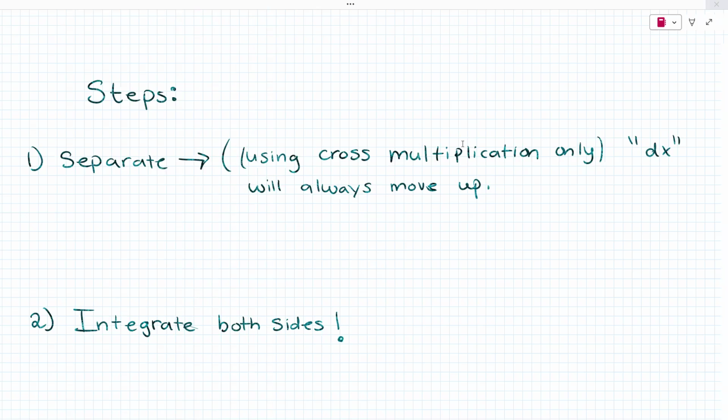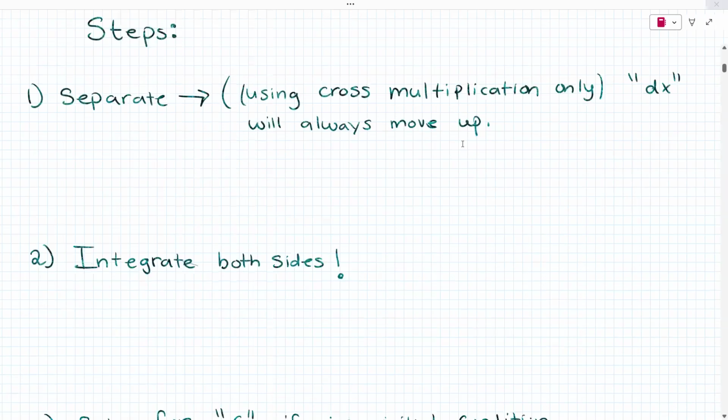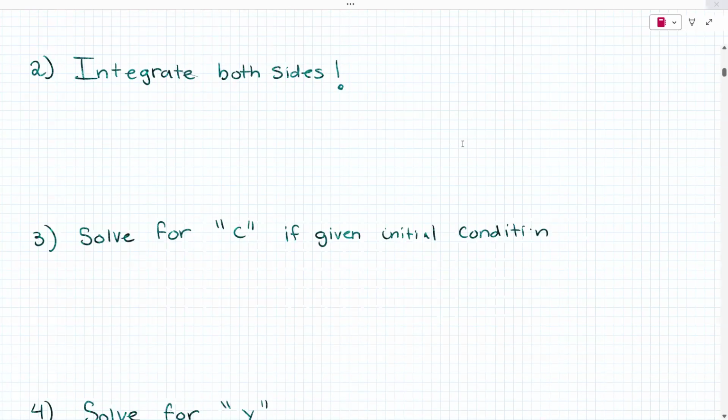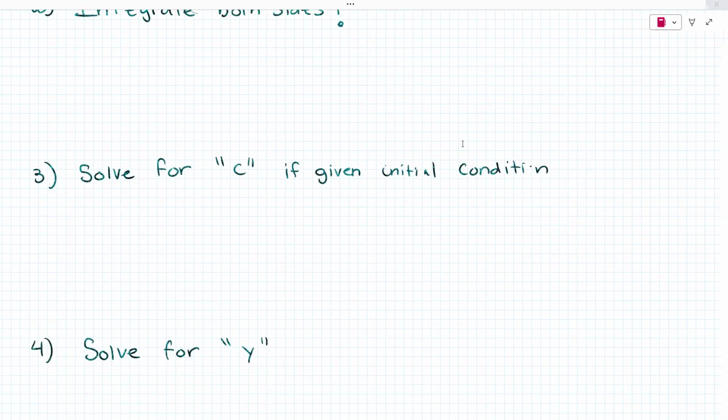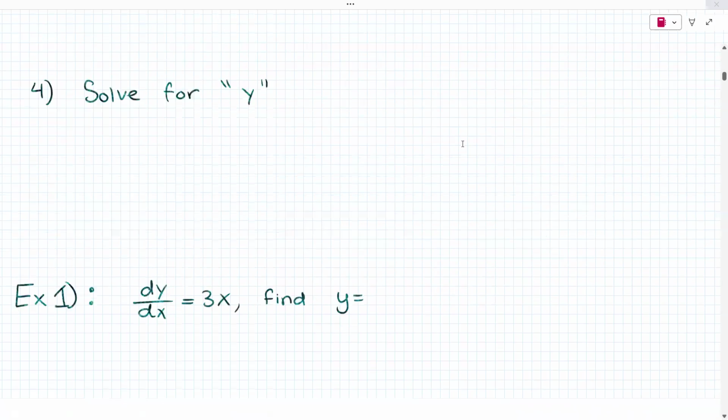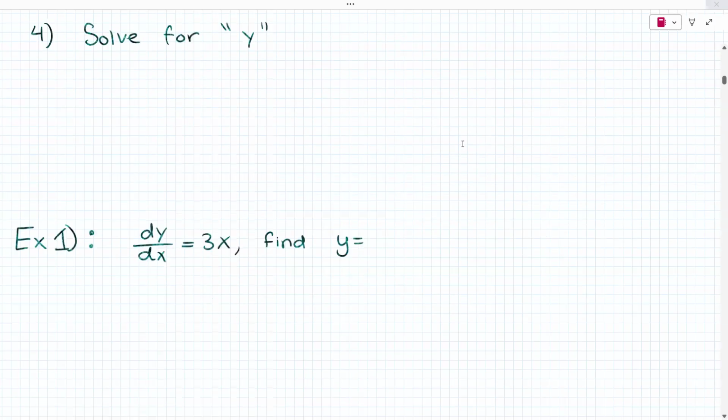Step 2, integrate both sides. And then step 3, solve for C if you are given an initial condition. If not, just solve for y. That's it. So let's start with example 1.